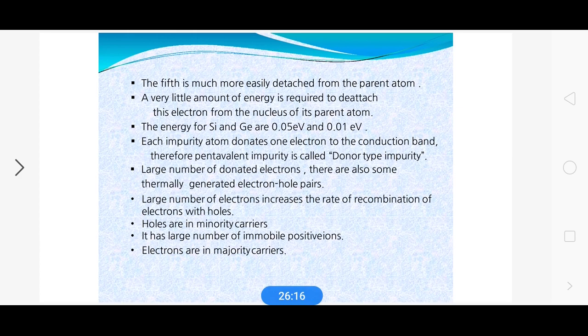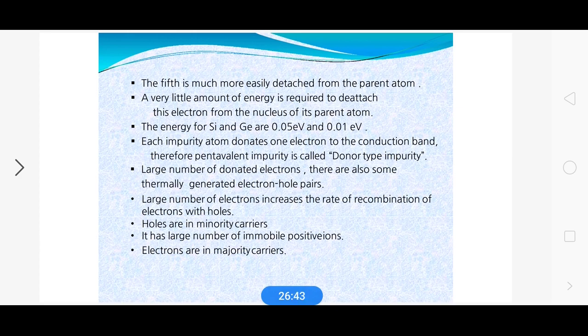And the large number of electrons increases the rate of recombination of electrons with the holes. So, in an N-type semiconductor, the holes are the minority charge carriers and it has a large number of immobile positive ions.